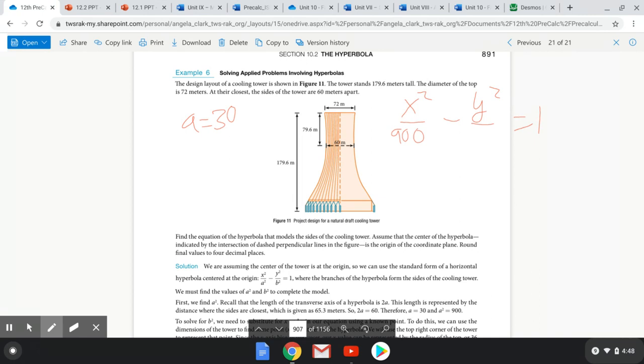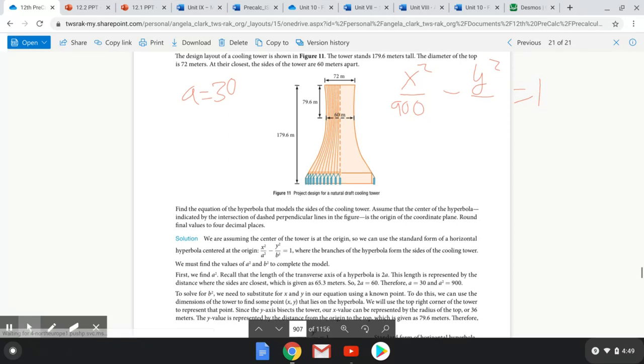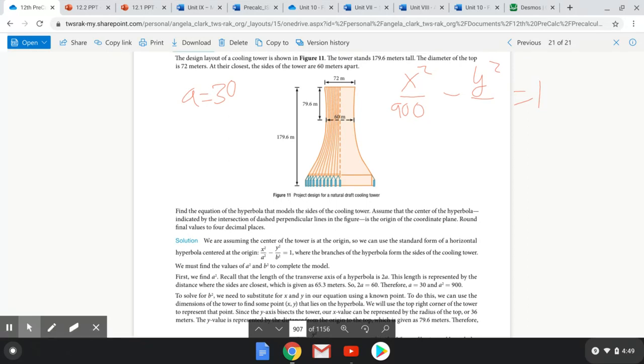Now we need to find b. The next thing is going to be b. We are going to figure out what b is by using a point that we do know.